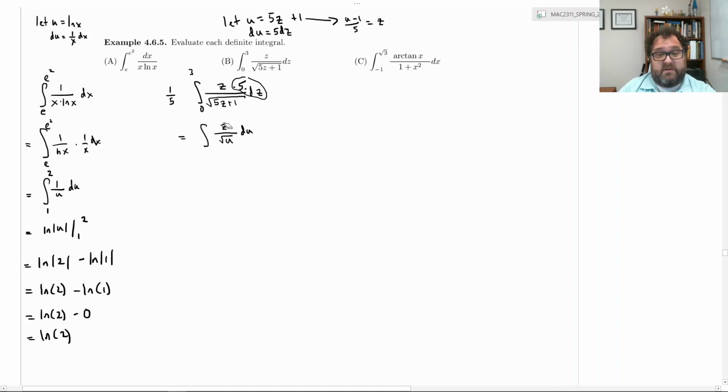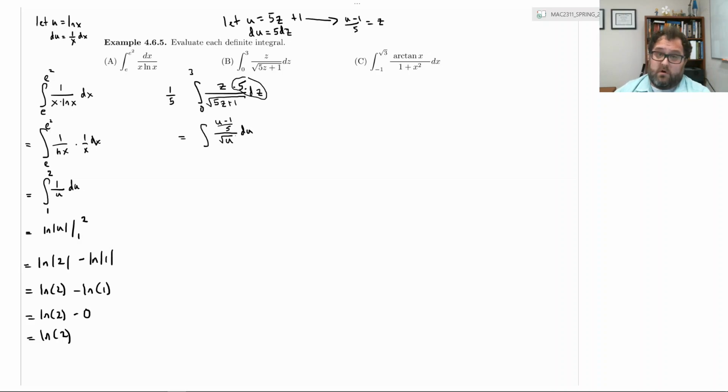Now, you're going to think I'm crazy because you're going to say, well, this does not look any better at all. You're probably going to say it looks worse. Because now we're going to have u minus 1 over 5 divided by the square root of u. So now we have a compound fraction. Yes, you'd be right to think that immediately doesn't look very good.